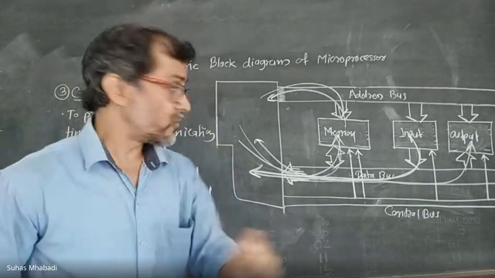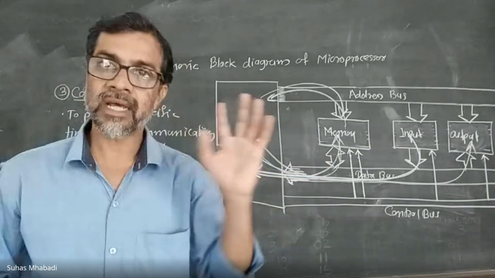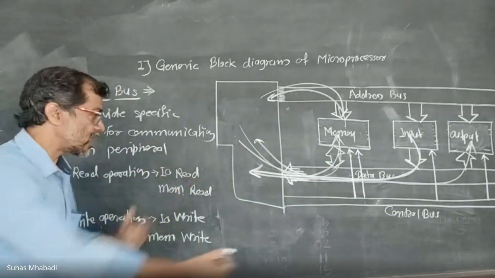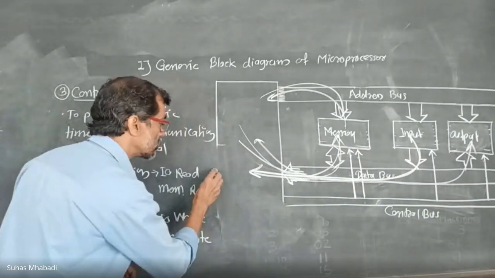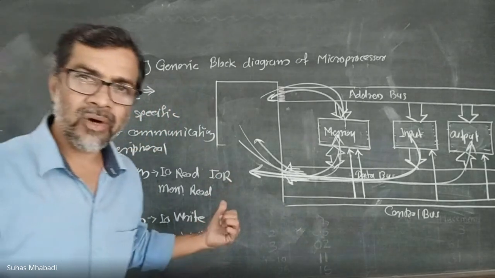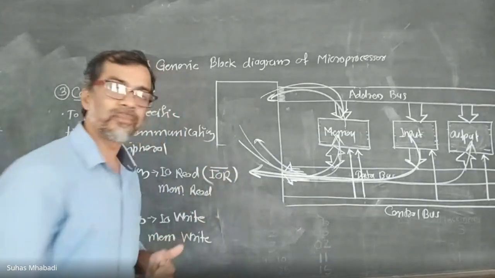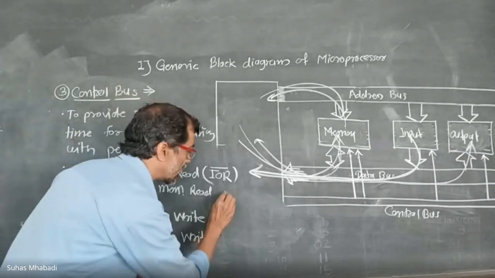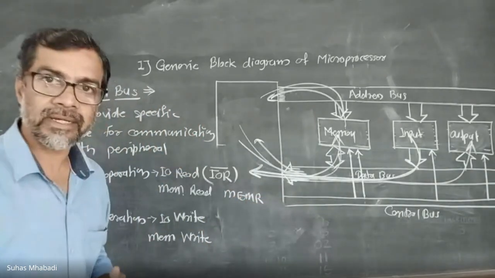The way we define the name for every line in an address bus, data bus, similarly, I must give the names. The name of this line, like a wire. Now, this is known as IOR, input output read. When IOR is high, nothing happens. When it goes low, the reading process begins. Memory read. This is known as MEMR, memory read.